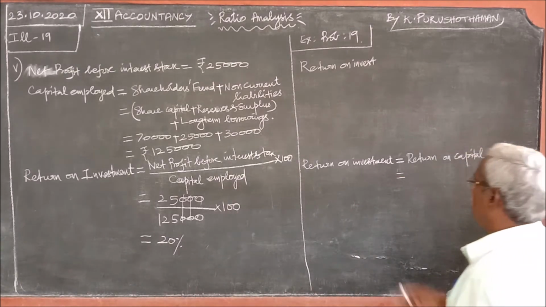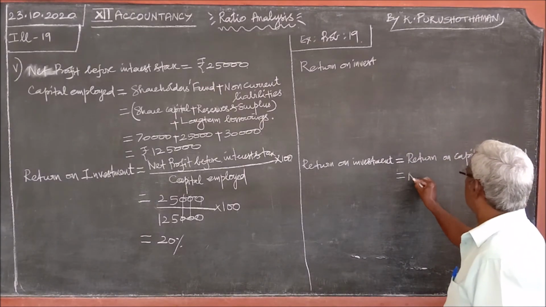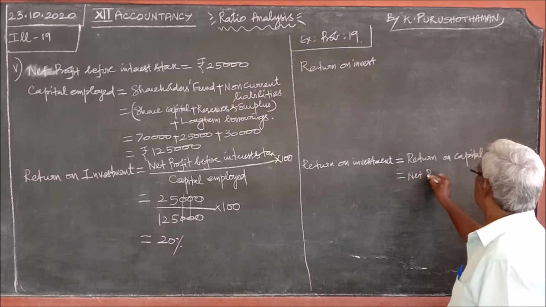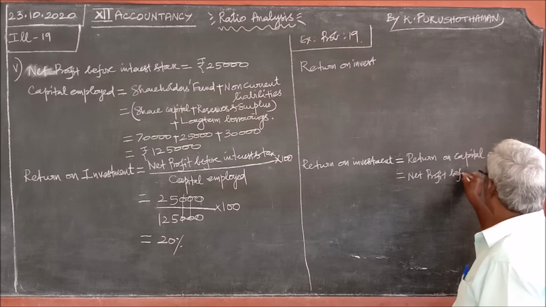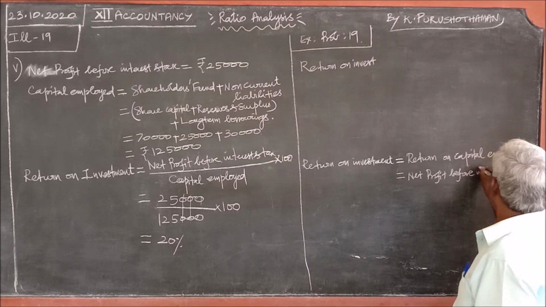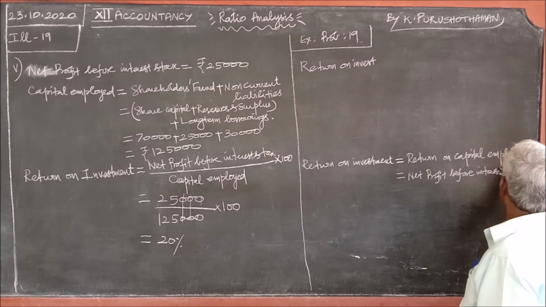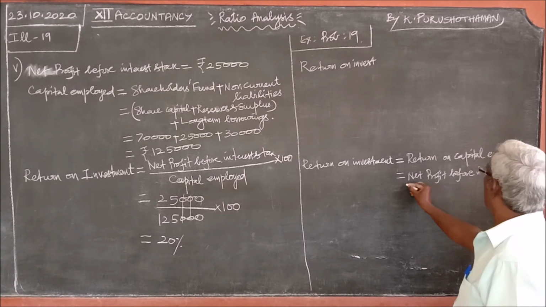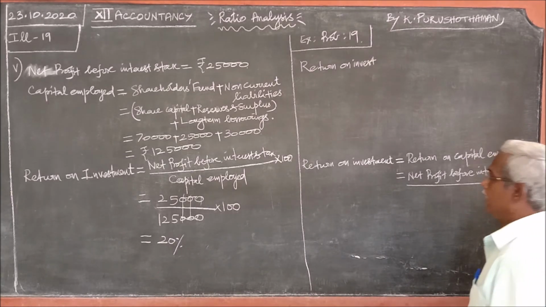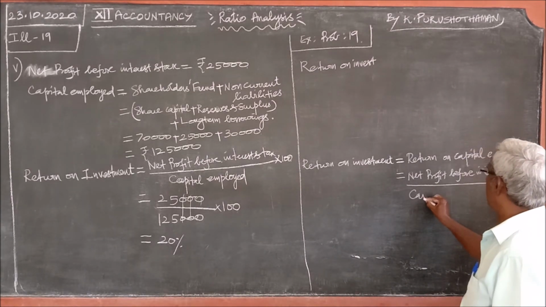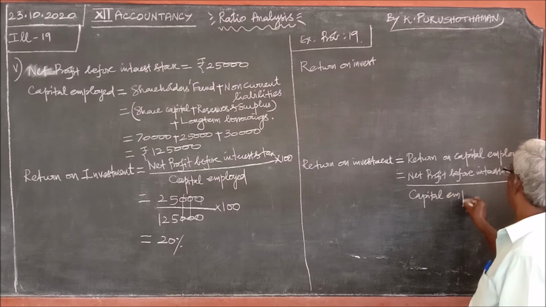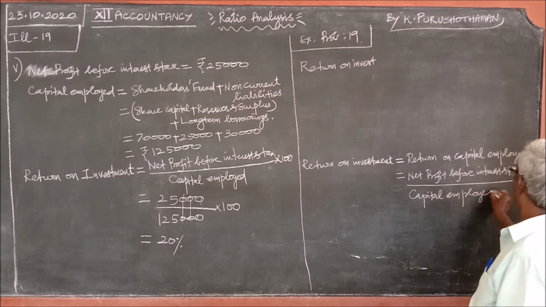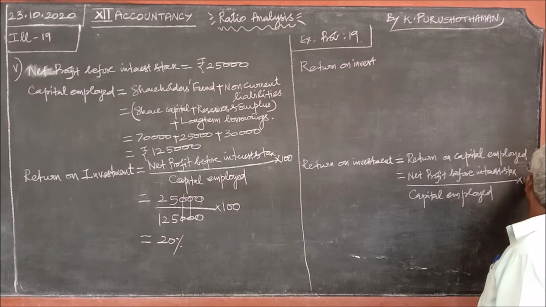So what is the formula? The same thing. Net profit before interest and tax, all divided by capital employed, into 100.